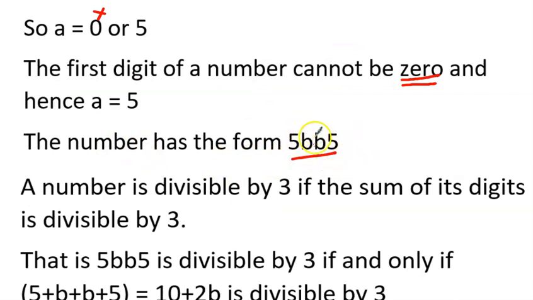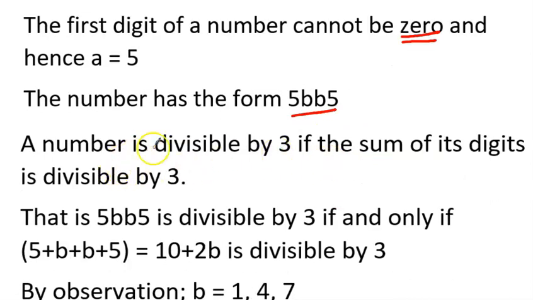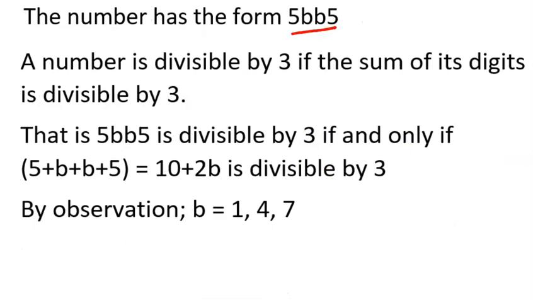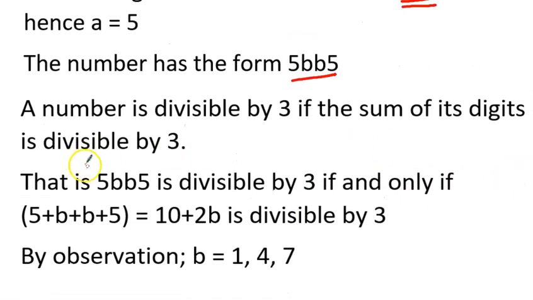So let's see how we are going to find the value of B. Now, we said that if a number is divisible by 15, then that number is divisible by 5 and 3. We have looked at the 5. Let's check the 3. A number is divisible by 3 if the sum of its digits is also divisible by 3. So when you take a number, add the digits. If the sum is divisible by 3, then that number is divisible by 3.